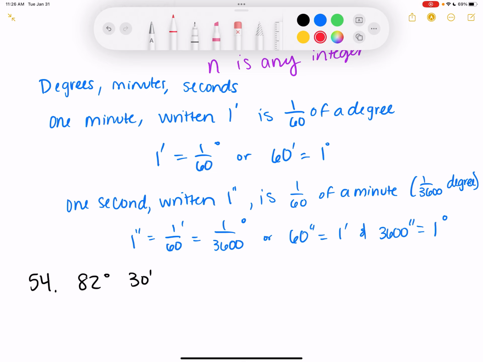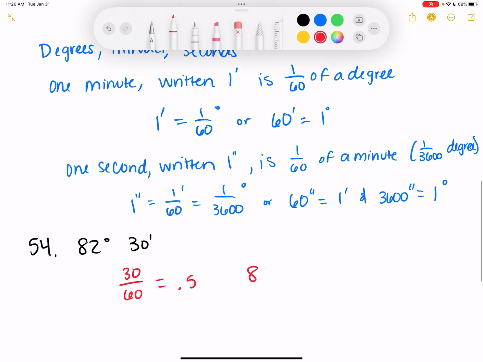So we are going to divide 30 by 60, which is 0.5. So our new degrees would be 82.5 degrees.